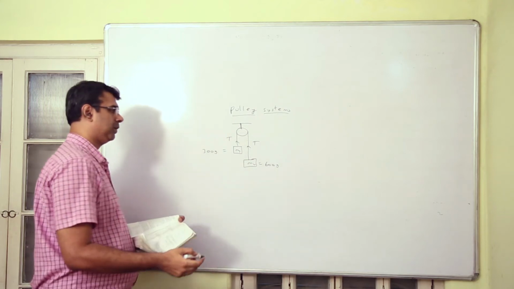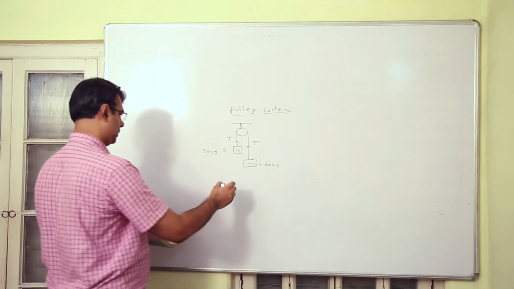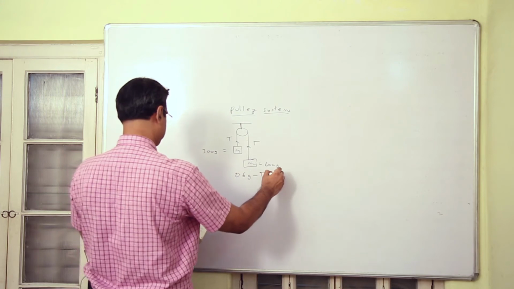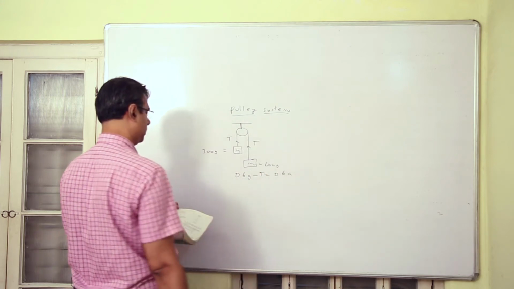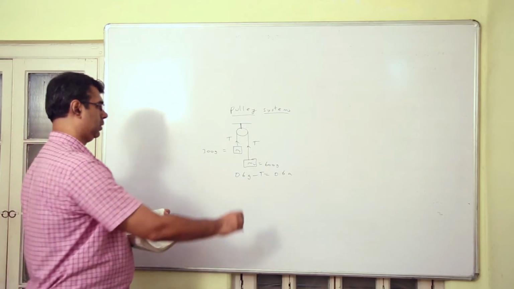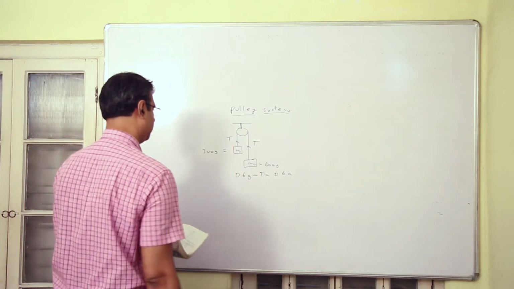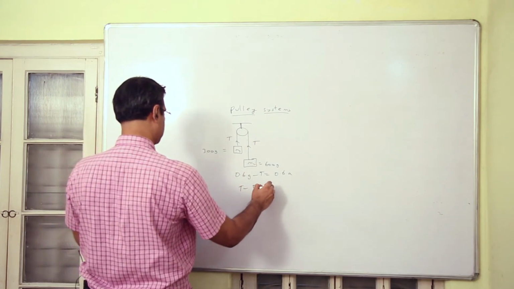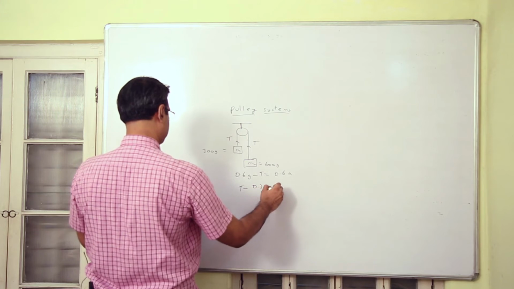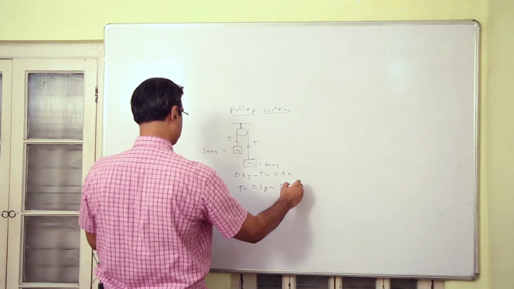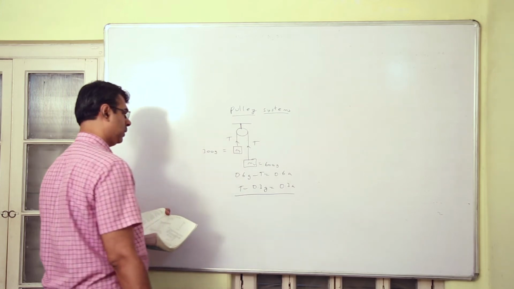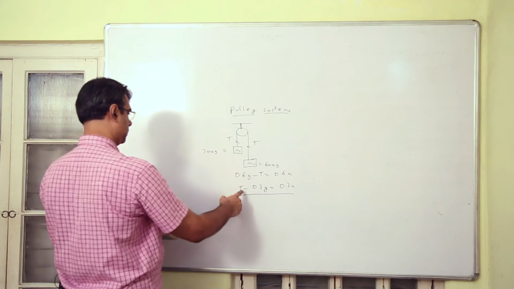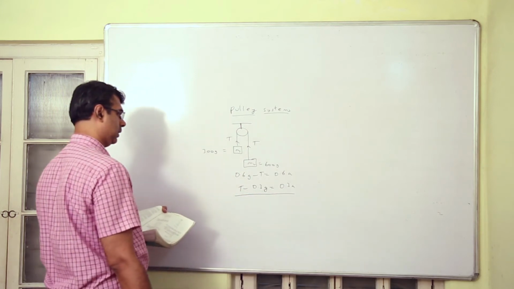So we can draw a free body diagram, but it's pretty obvious, so I'll straight away write it: 0.6 g minus T is 0.6 a. This will be the equation of motion for this block. Now for this block, the equation of motion will be T minus 0.3 g is equal to 0.3 a. So for this block, 0.6 g minus T is 0.6 a, and for this block, T minus 0.3 g is 0.3 a.